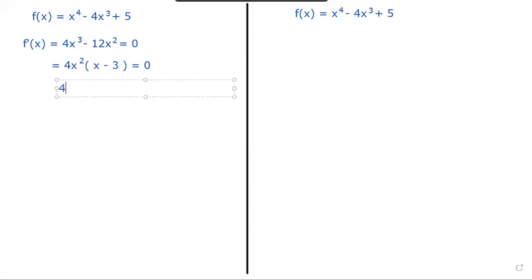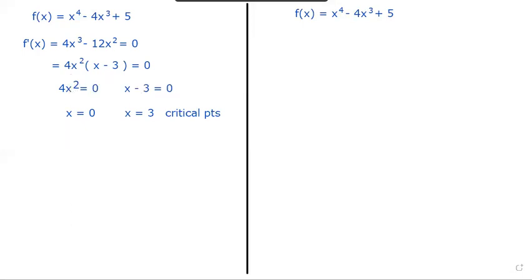So 4x squared equals 0, so x is equal to 0. And on this side, x minus 3 equal to 0, so x is equal to 3. Those are our two critical points.